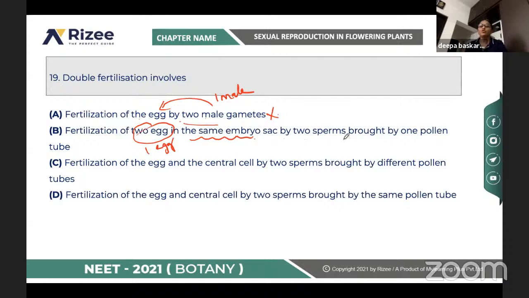Fertilization of the egg and central cell by two sperms brought by different pollen tubes? No. Fertilization of the egg and central cell by two sperms brought by the same pollen tube? Yes.